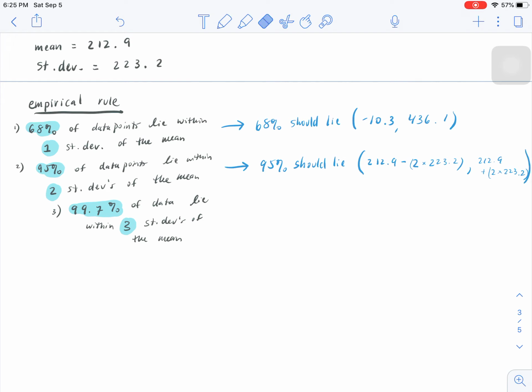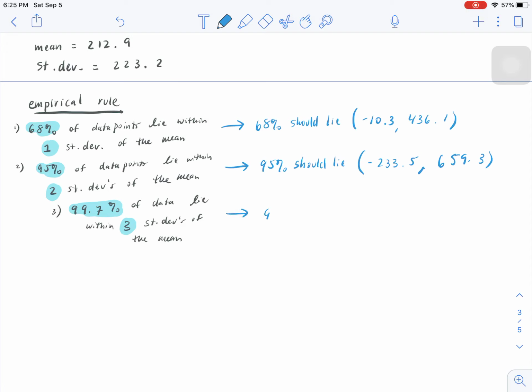If I calculate this out, 2 standard deviations below the mean is negative 233.5, to 659.3.